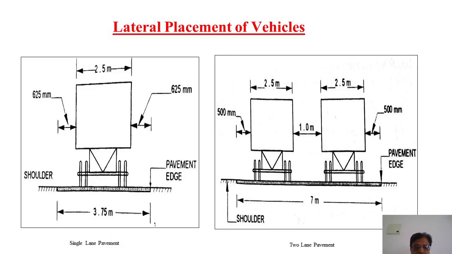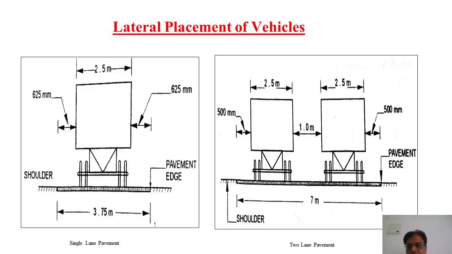So 2.5 meter is the width of the vehicle, the remaining 0.625 meter or 625 mm is the clear width which is available for the clearance from the road edge.